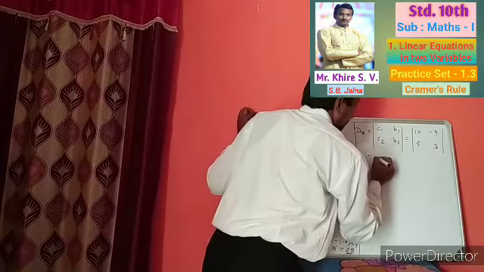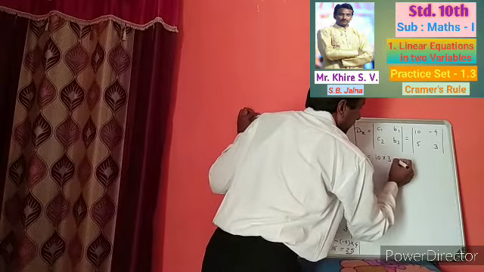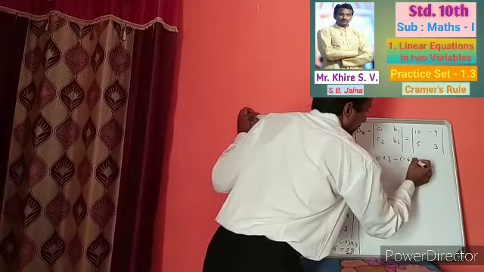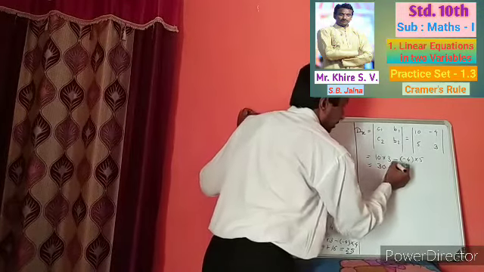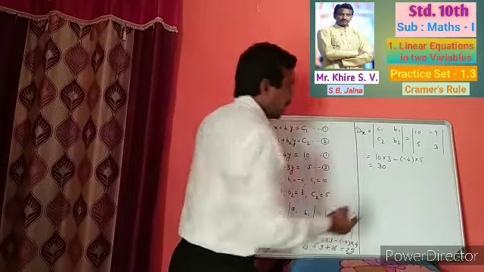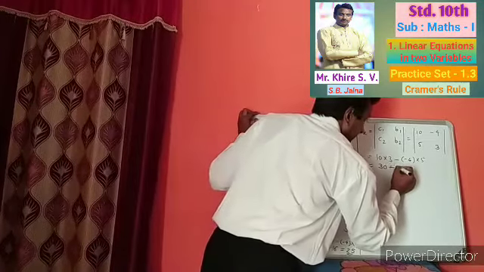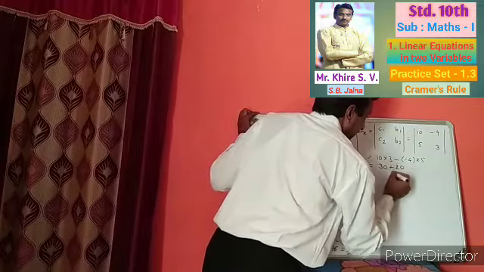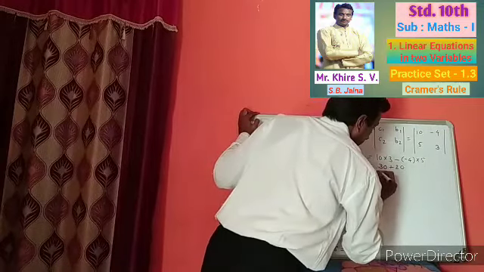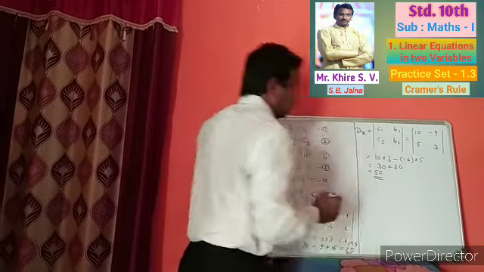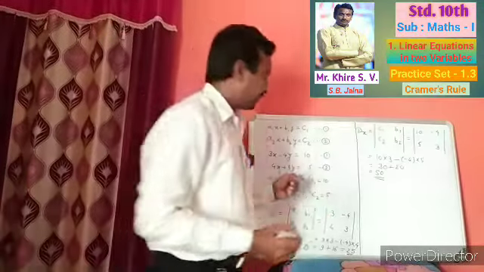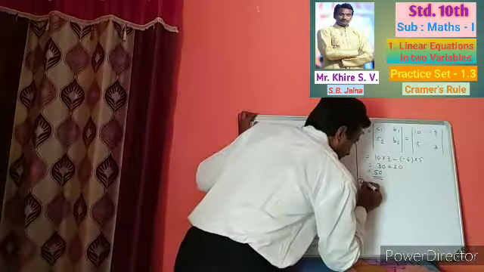Similarly, cross multiplication: 10 into 3 minus minus 4 into minus 5. 10 3s are 30, minus becomes plus, and 4 5s are 20. 30 plus 20 becomes 50. This means the value of dx is 50.